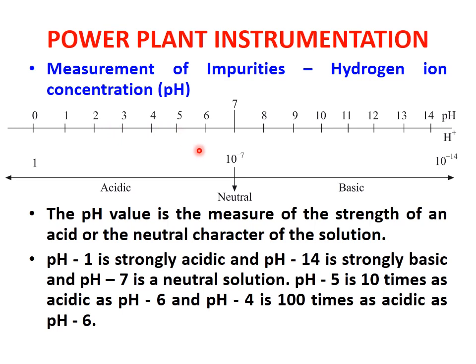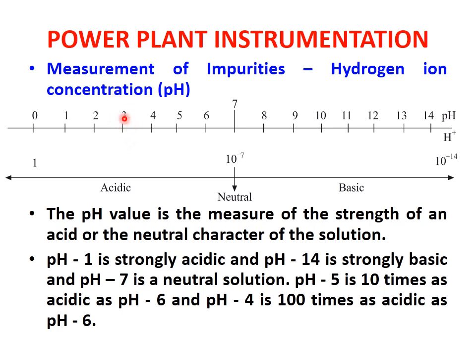As the pH value is reduced from 7 to 0, the acidic nature increases more and more. Therefore pH 4 is 100 times as acidic as pH 6.